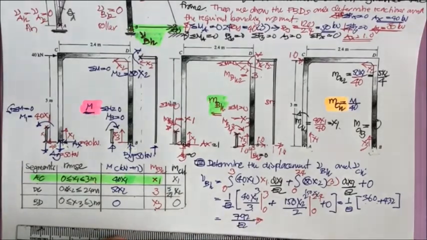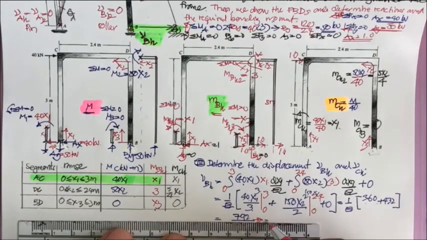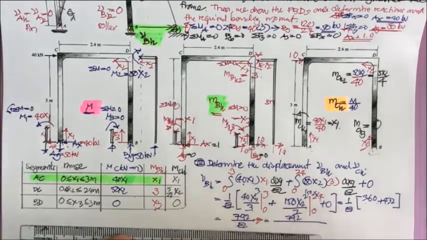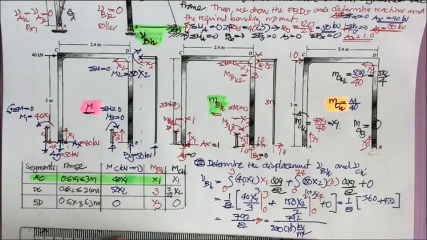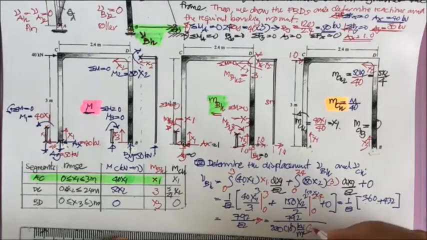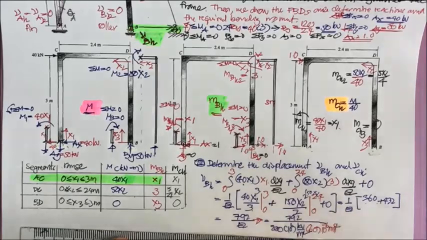Then you may compute the magnitude: 792 divided by 210 power 6 kilonewton per meter squared, and I is going to be 60 times 10 to the minus 6 meter power 4.